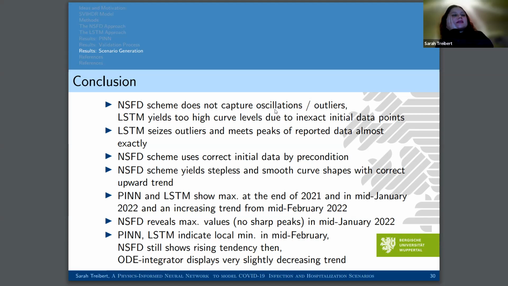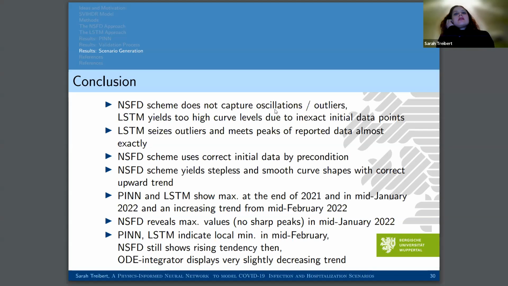And I said that NSFD and ODE solver used the correct initial data by precondition and yielded stepless and smooth curves with correct upward trends. And this is also what we found before in our previous papers. The PINN showed a maximum at the end of 2021, in mid-January 2022, and also a slightly increasing trend from mid-February 2022 then.